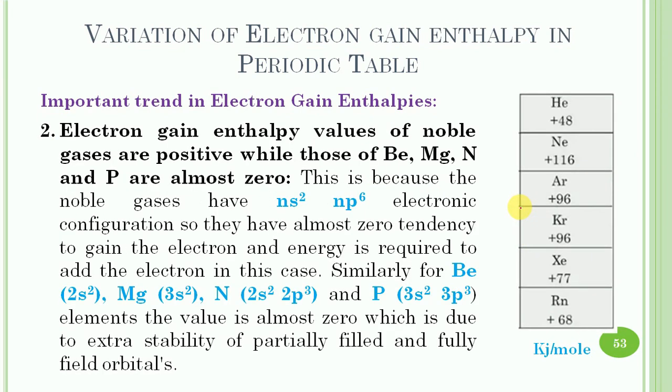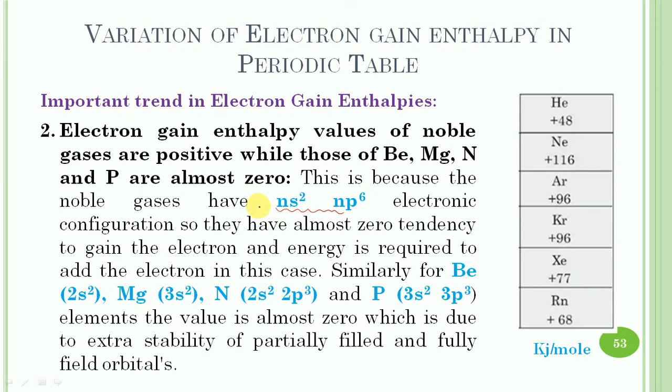Electron gain enthalpy values of noble gases are positive, while those of beryllium, magnesium, nitrogen and phosphorus are almost zero. First of all, the case of the noble gases. Noble gases have a stable electronic configuration, ns2 np6, which is completely filled. So they have absolutely no tendency to take an additional electron.